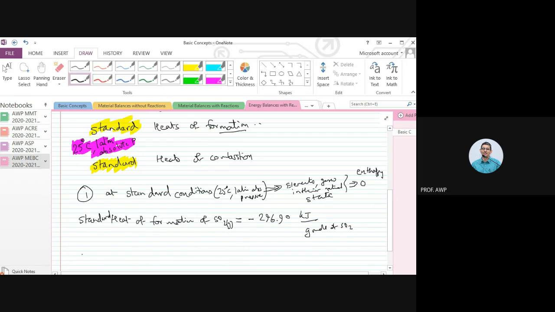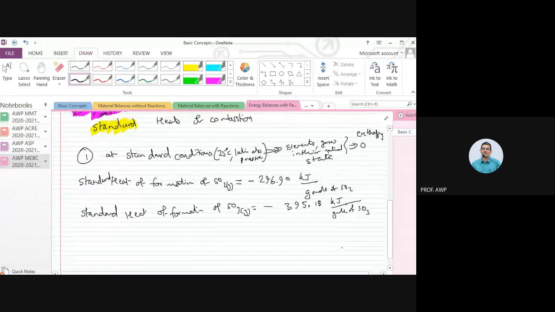And if I say standard heat of formation of SO3 gas is minus 395.18 kilojoules per gram mole of SO3.